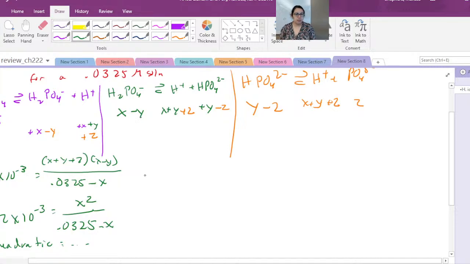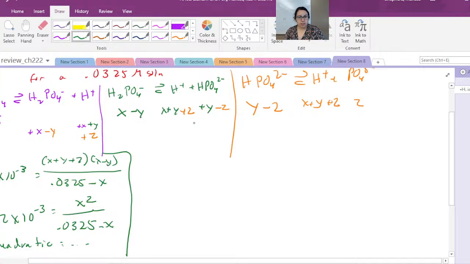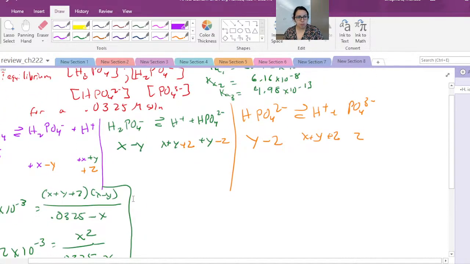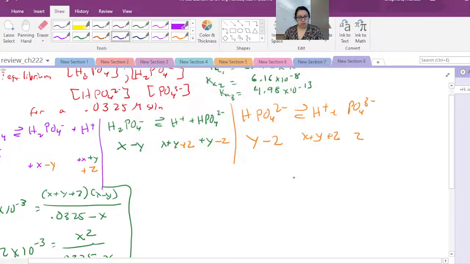Now we have to tackle our next equilibrium issue. Let's look at step 2, and we have x, so that helps us. Now we can set our equation. Let me switch colors. Go purple.